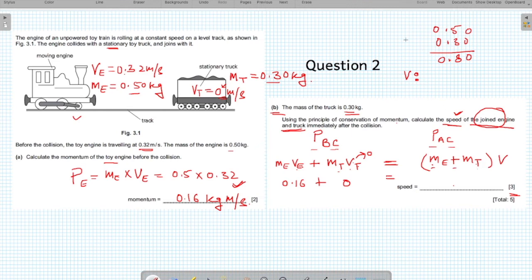Both the masses combined, we are adding ME and MT. We are adding them because they are getting stuck. They are sticking together. 0.8 times V. So what is the value of V? Now it is simple to calculate. If you do the calculation, what answer should you get? 0.2 meters per second. So that's your answer.